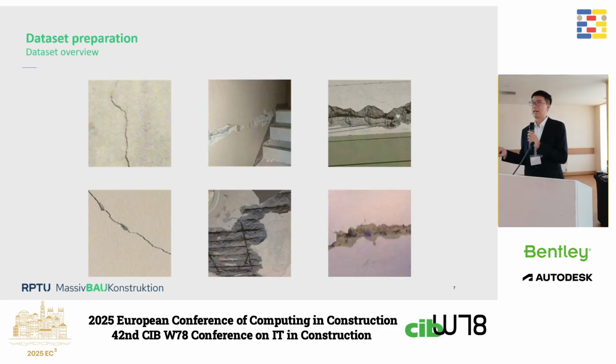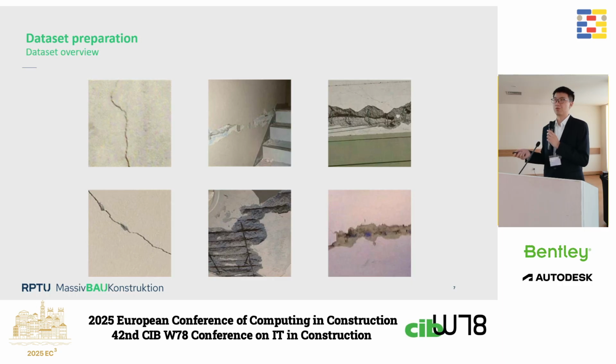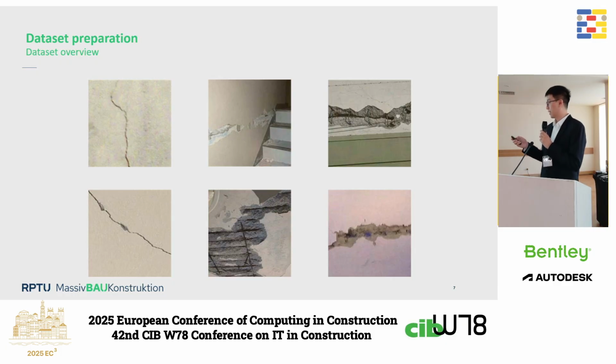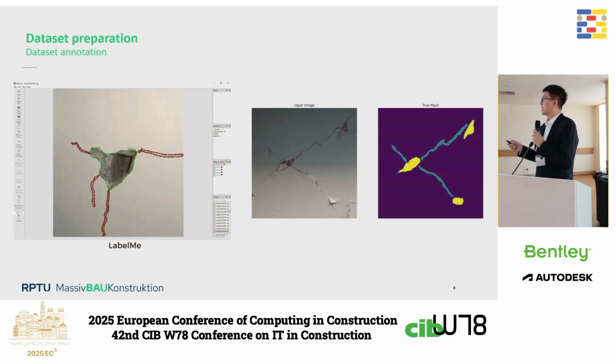First, we collect many images from the PEER Hub ImageNet. This is an open source database. We have collected about 2,000 images, and we annotate them manually, using a tool named LabelMe. This is an open source tool.